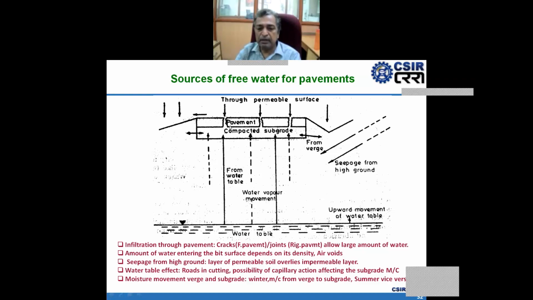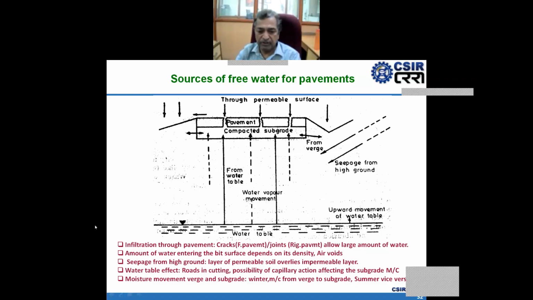The subgrade may be saturated through capillary action from the groundwater, or through water coming through seepage or permeability from the high ground, and after saturation of the subgrade, failure may occur in the pavement.